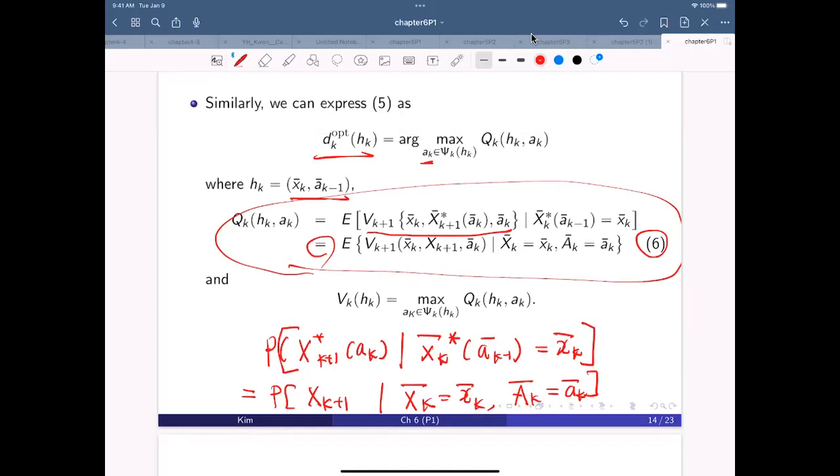Given history, I have Ak unknown, and also I have a potential outcome, this X k plus 1. So I have actually two things here, this one and the Ak. And now I think the identification conditions, SUTVA, SRA and positivity, actually make this equality hold.